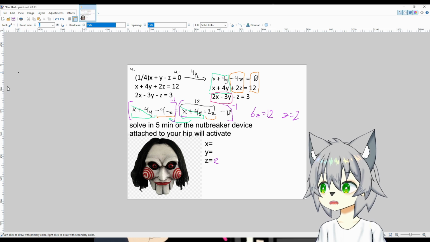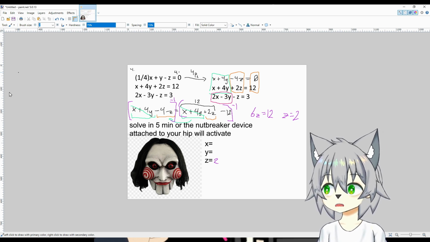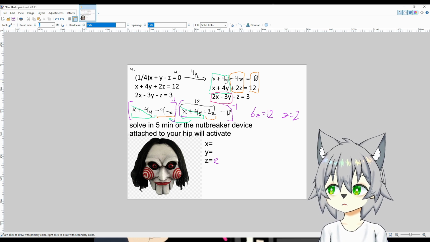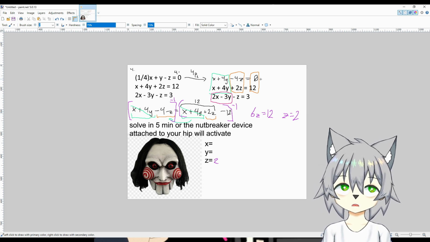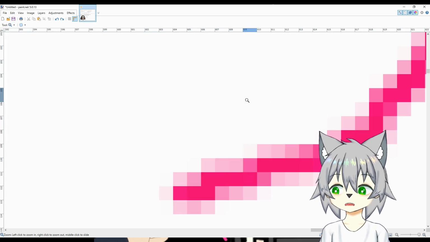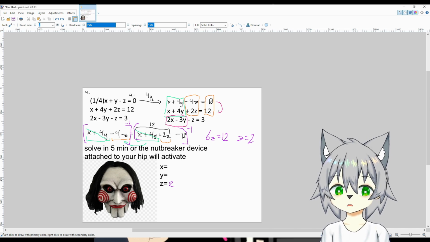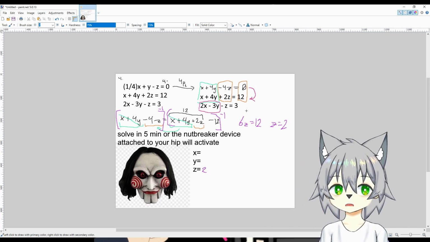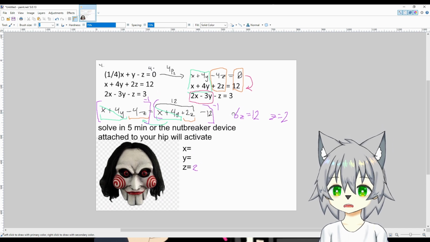Well, we have already done a fair bit with this. We subtracted this row from this. Oh, whoops, let's not zoom in that close here. I accidentally did that. I have no idea how to use the software in its fullest capacity yet.